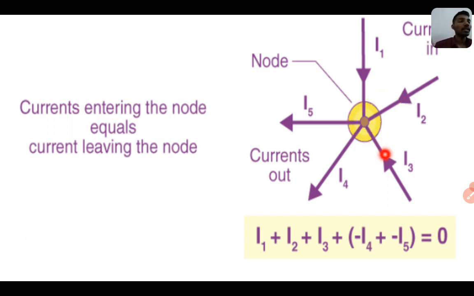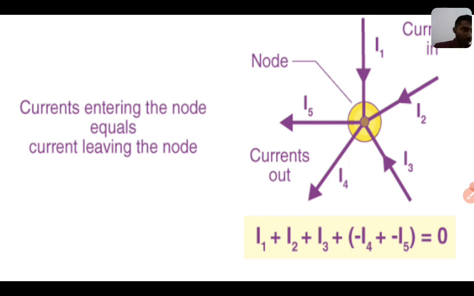I1, I2, I3 are entering the node, and I5 and I4 are leaving the node. By the statement, the current entering the node is equal to the current leaving the node. That is, I1 plus I2 plus I3 is equal to I4 plus I5.